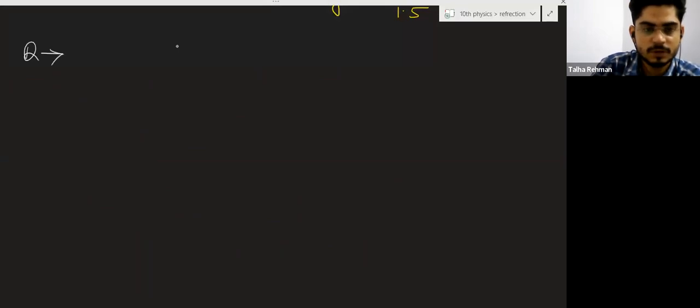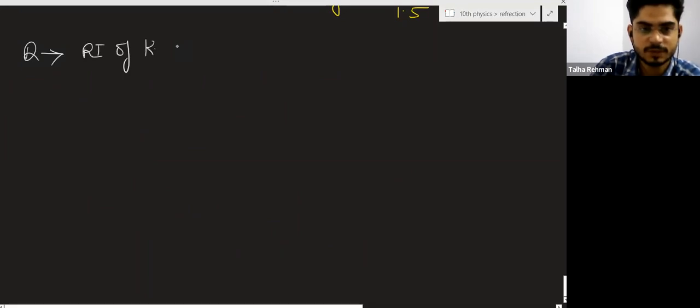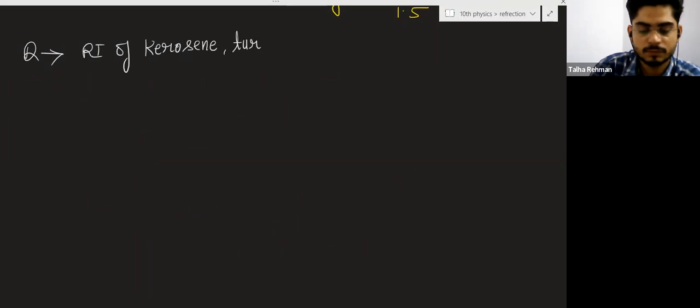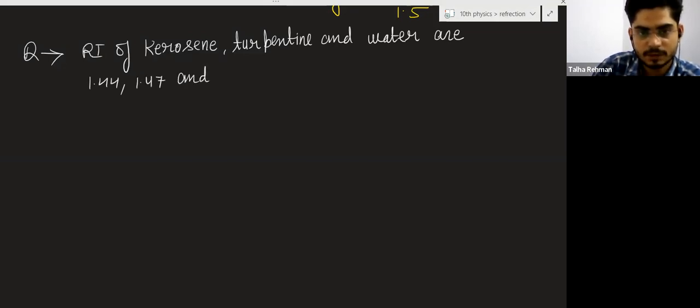In this question, the refractive index of some substances like kerosene, turpentine and water are 1.44, 1.47 and 1.33 respectively.